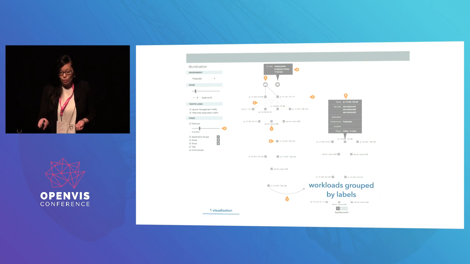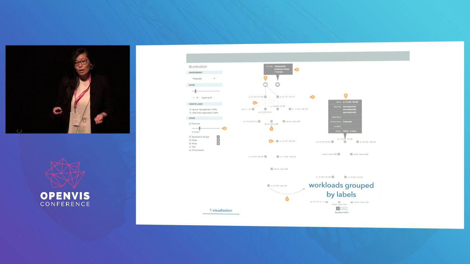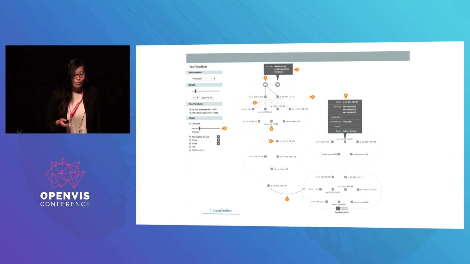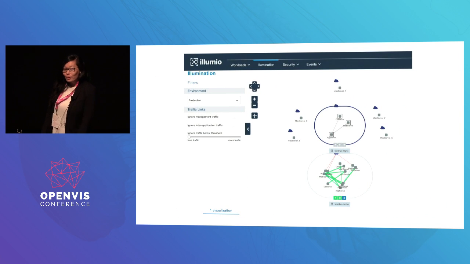And each of those squares, the workloads, are grouped by their labels, what we call applications, environments, and locations. This is the very, very first mock that our designer gave us when we first started out. It's really quite beautiful. And this is our very first implementation.